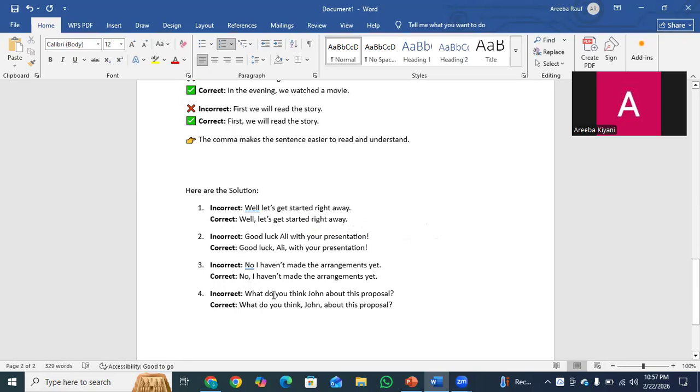What do you think, John, about this proposal? We simply put a comma after what do you think. Then John, about this proposal. As you can see, this sentence basically has three parts. When we don't put commas in this, we can't understand it properly.